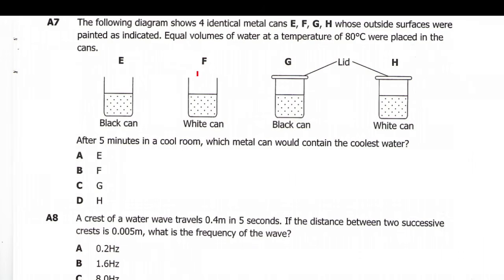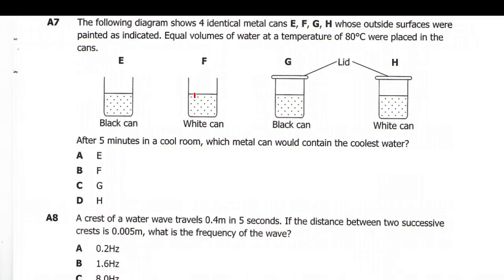However, since these are white, they do not lose heat quickly or gain heat quickly. So meaning they are not good absorbers, and they are also not good at losing heat.